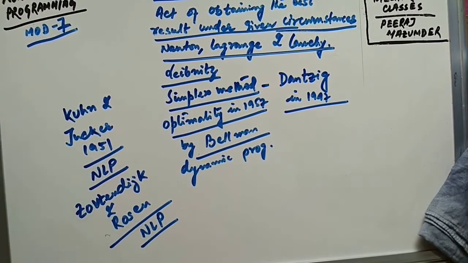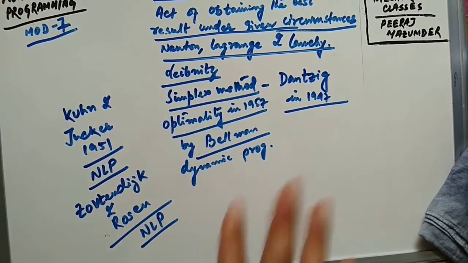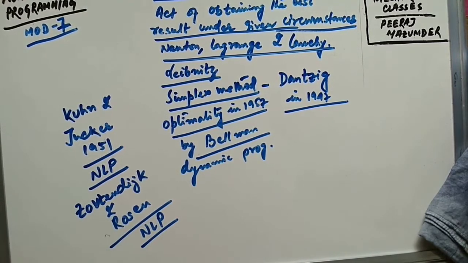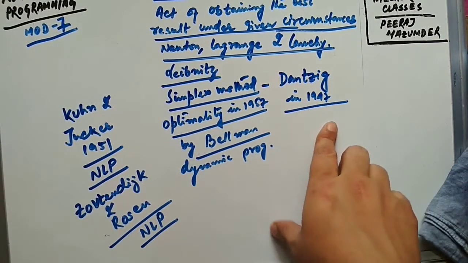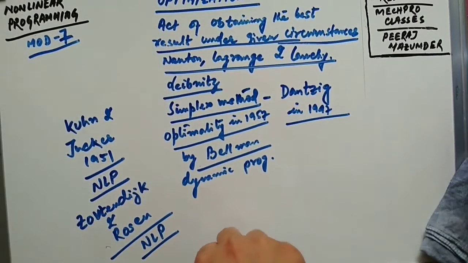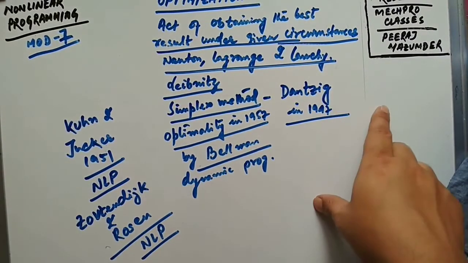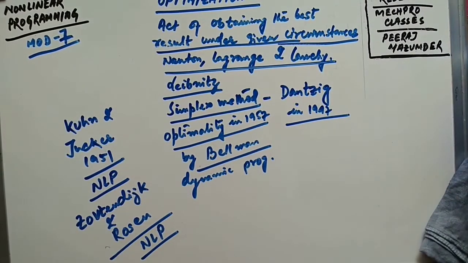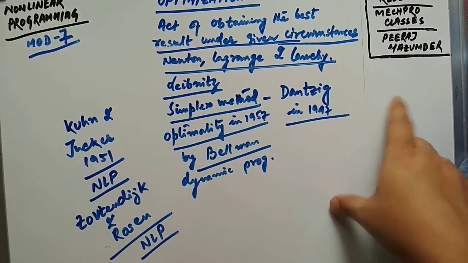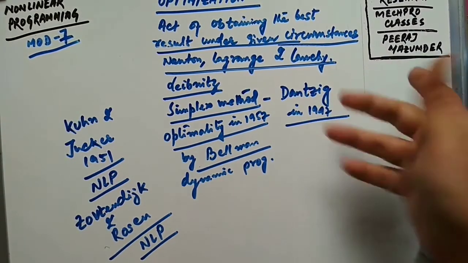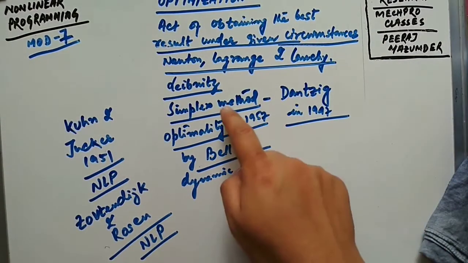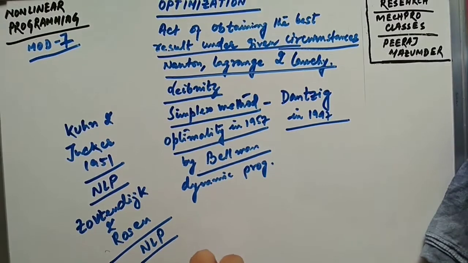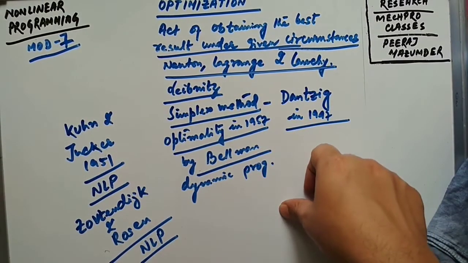So I'm just telling you this in brief, the history and background of this particular thing, because this is very important. Maybe they are not going to ask you in semester examinations, but as an engineer you must know, when you join a company or become a manager, you have to take managerial decisions, or in some interviews they can easily ask you a question: can you name the person who developed this simplex method which you have applied to solve linear programming problems?